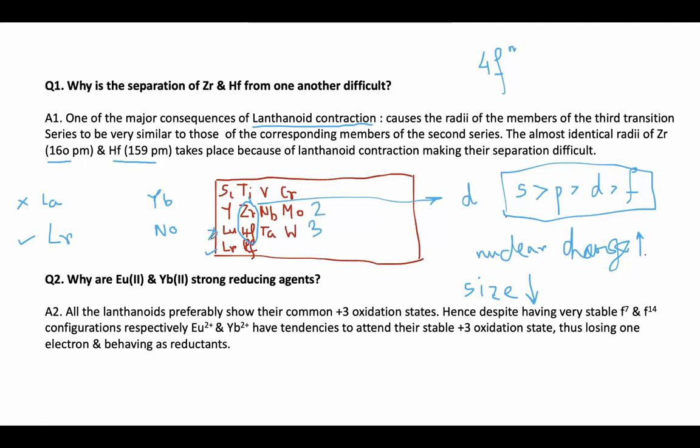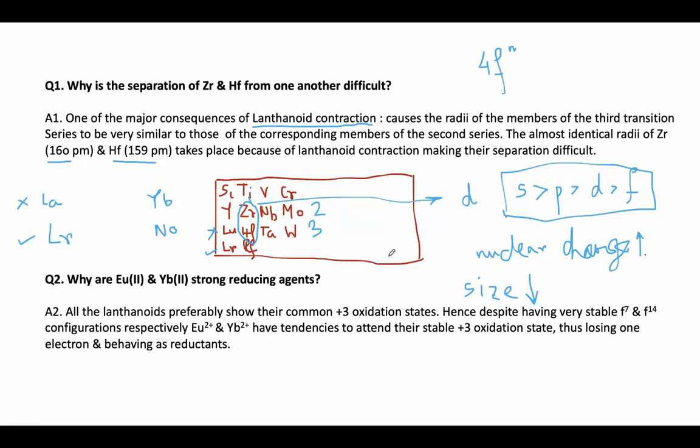Now from lanthanum to lutetium, the size decreases. That's why the zirconium to hafnium increase is nullified by the decrease from lanthanum to lutetium because of the lanthanide series. And that's why we find almost identical radii of zirconium and hafnium. Zirconium is 160 picometer, and hafnium has a radius of 159 picometer.